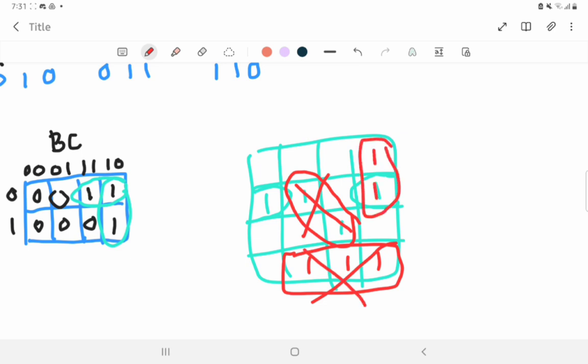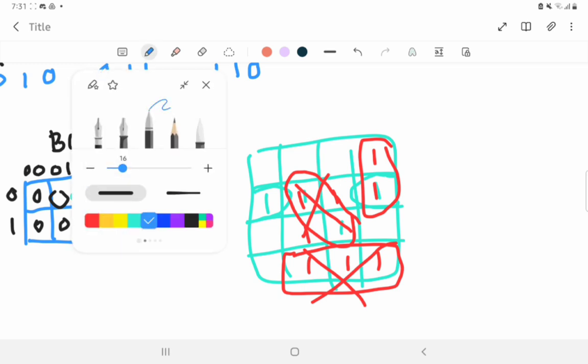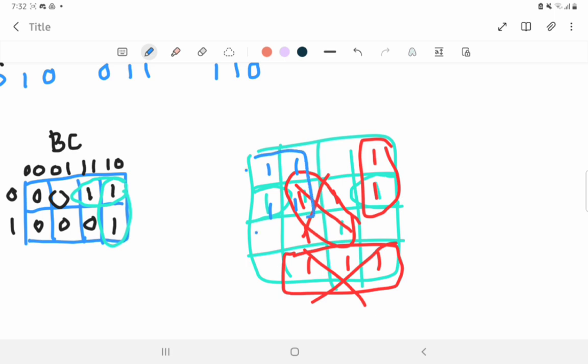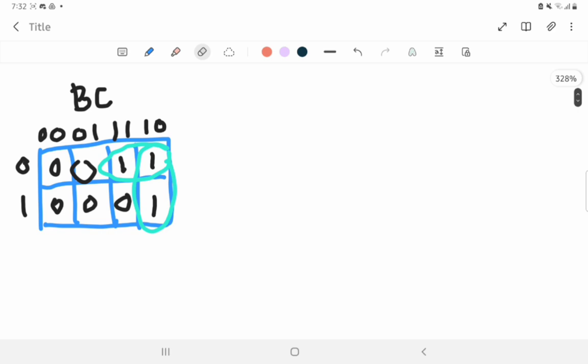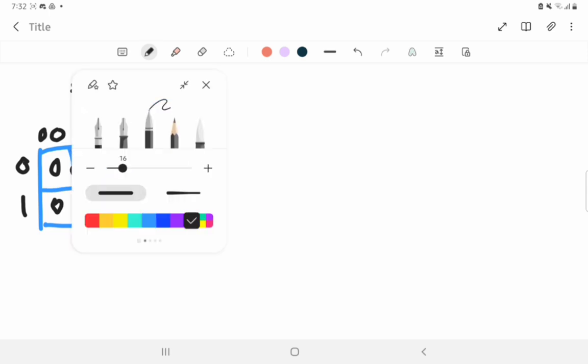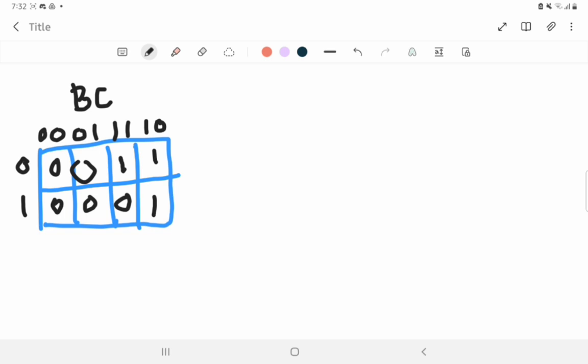Like 1, 2, you can do that. 1, 2, 3, 4, yes, you can do that. But it cannot be an odd number of 1s. So now you have 2 maps, right? The first one, you have this. The second one, you have this one.